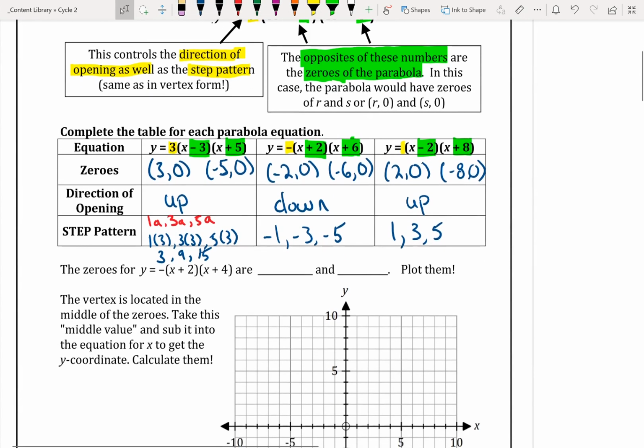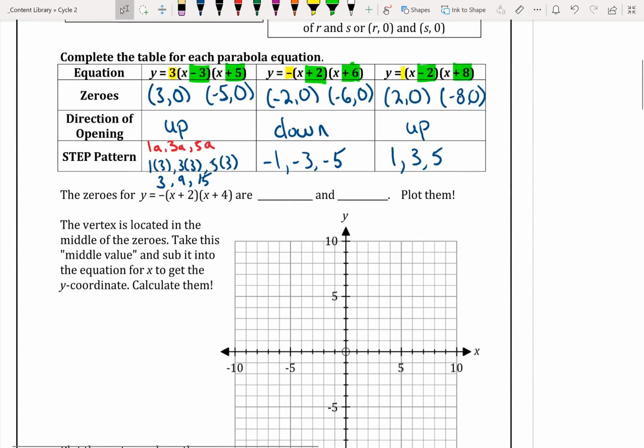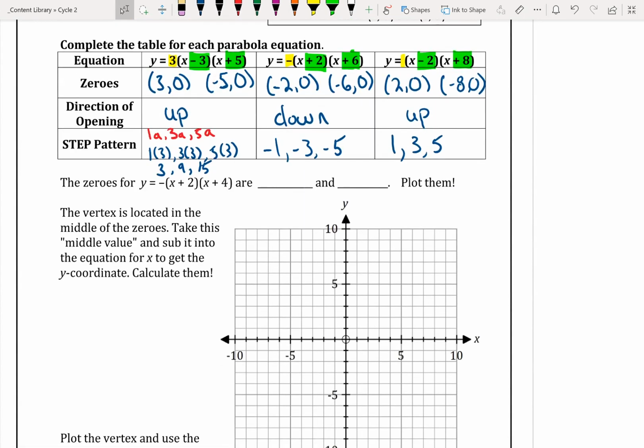What we're going to do next is learn how to plot our quadratic functions given the factored form. So we're going to start off by finding the zeros for our quadratic function. We have the function here, y equals negative x plus 2 times x plus 4.